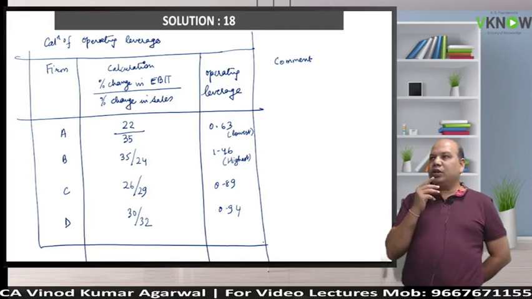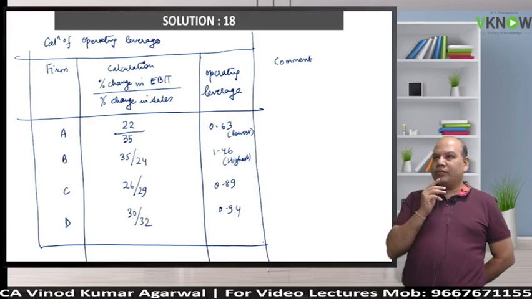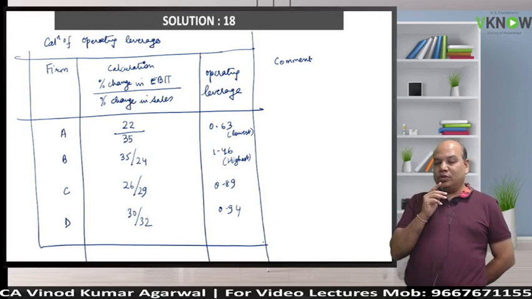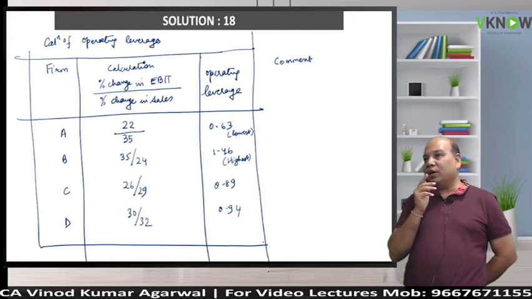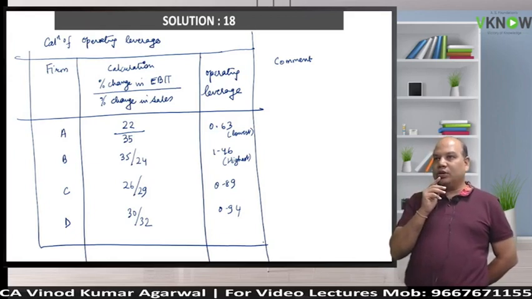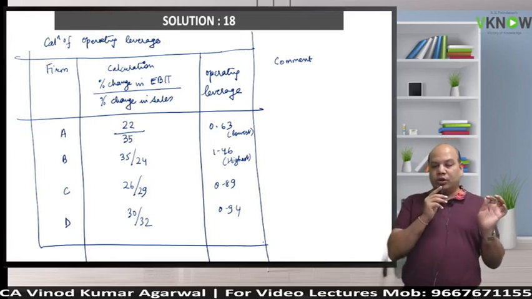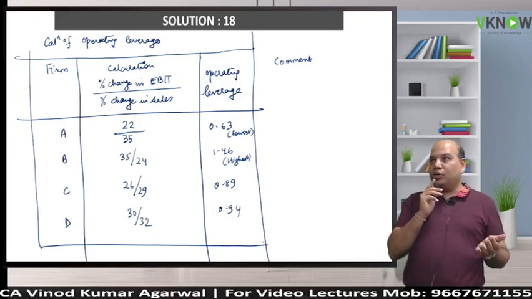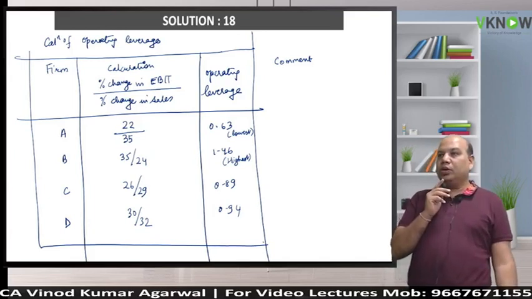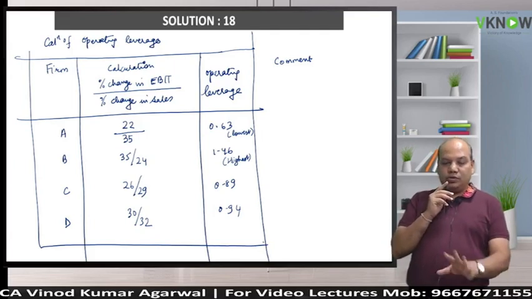So institute, they have just given some random figures in the question just for calculation, but intelligence is missing there because it can't be between 0 and 1. Between 0 and 1 means your EBIT is higher than contribution, which is not possible because contribution minus operating fixed cost is EBIT. So if I apply the formula contribution upon EBIT, it can't be between 0 and 1. Okay, so anyway, we have written the comment.